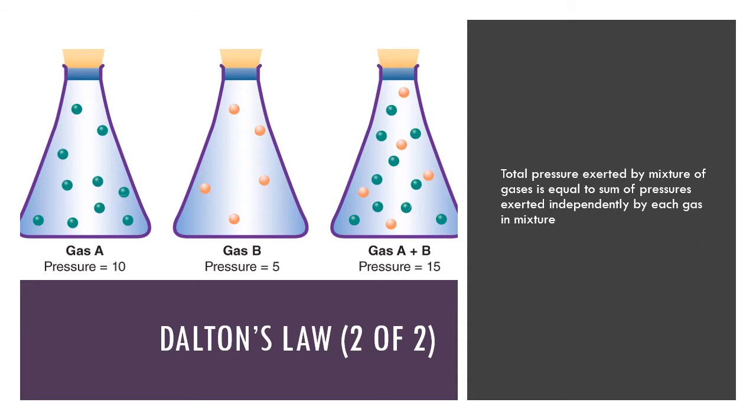When the gases are mixed together for gas A plus B, the pressure together is 15. The sum of the two gases, 10 plus 5, is equal to 15. Remember that the total pressure exerted by a mixture of gases is equal to the sum of the pressures exerted independently by each gas in the mixture.